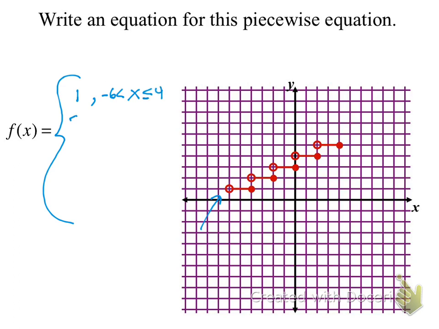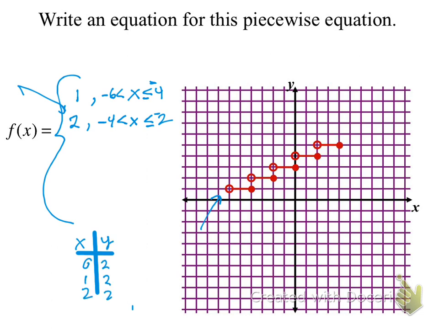The next one, 2. What would it be? Negative 4 is less than x, which is less than... Wait, where's 2? What's your question? Isn't it negative? Yeah, negative 2. Oh, but no. Because when we say 2 here, this 2 means it's the line that's going through this equation, right? x, y: 2, 2, 2, 0, 1, 2.